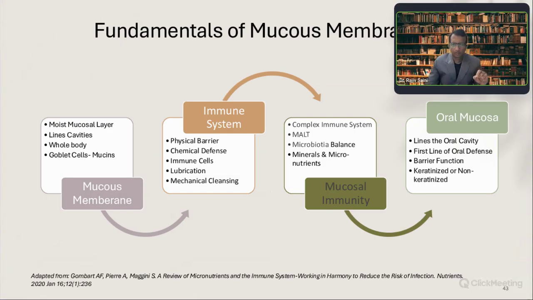Also, sea salt plays a very key role in oral mucosal immunity. Let me remind you of the fundamentals. Oral mucosal immunity plays a critical role in preventing HPV persistence and progression. A healthy mucosal barrier limits viral entry and supports local immune surveillance through salivary enzymes, antibodies, and epithelial defense mechanisms.